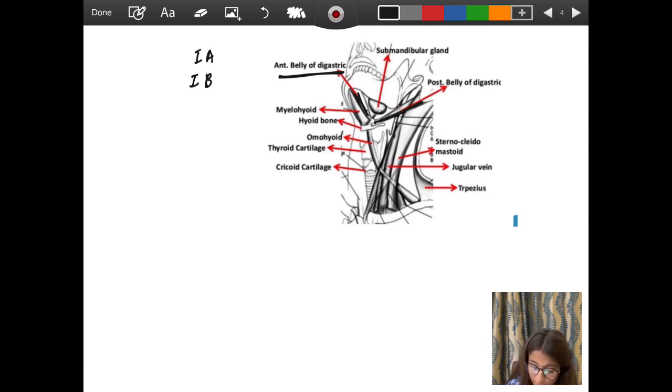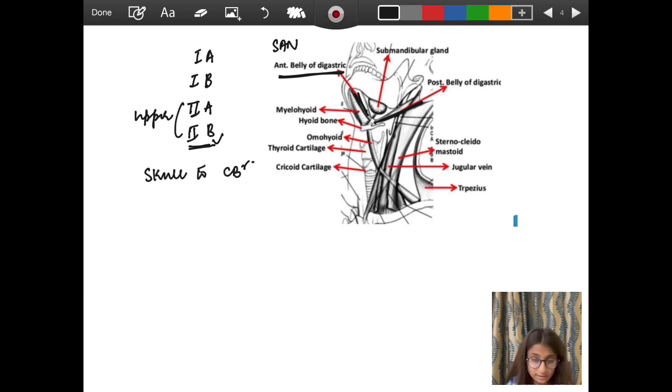Level 2A and 2B are the upper jugular group of lymph nodes. 2A is posterior superior to the spinal accessory nerve, and 2B is anterior inferior to the spinal accessory nerve, and these are present from the skull base to the carotid bifurcation.